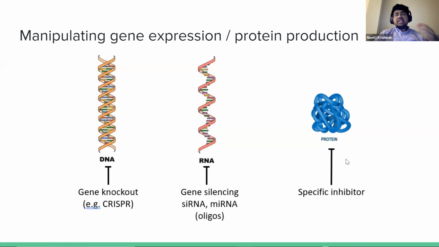So the DNA is still being transcribed, but the RNA is destroyed by siRNA or miRNA binding before it can be translated. And then if you wanted to mess with a protein after it's produced, you'd use something like a specific inhibitor. So you'd be able to inactivate the protein once it's already produced.